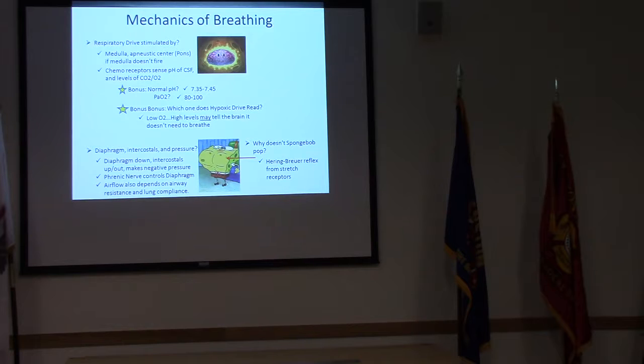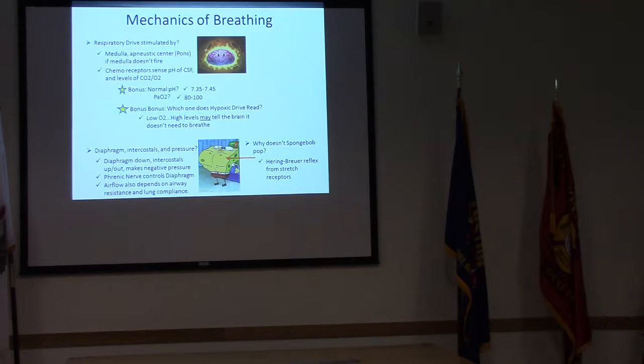Now, when we breathe, our diaphragm pulls down, and that's the active part of breathing. It allows us to expand our lungs, makes kind of a negative pressure so that air will rush in. We've got the phrenic nerve, that's what's going to control that diaphragm.